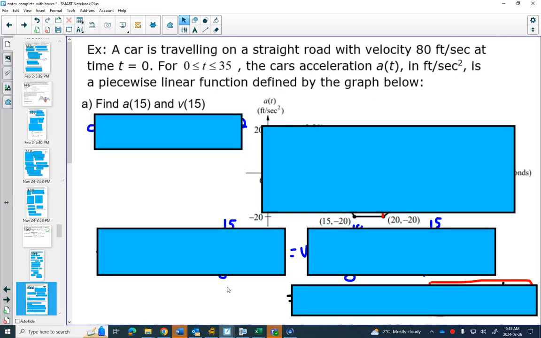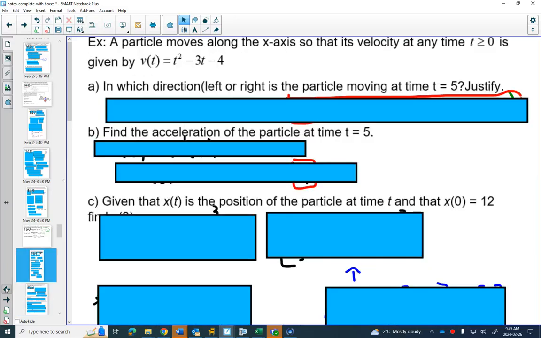So we've got a particle moving along the x-axis, and you have its velocity function. At time equals 5, is the particle moving to the left, or is it moving to the right?